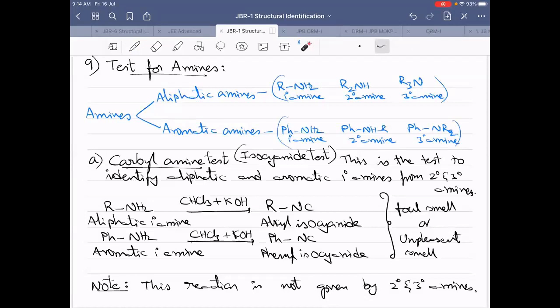This first point you have to understand. Okay, na? So the carbylamine test, also called the isocyanide test. Very interesting test. Many times, repeatedly, it is done in the laboratory. I have done it so many times. Not only me, those at post-graduation level or research level might have done it many times.